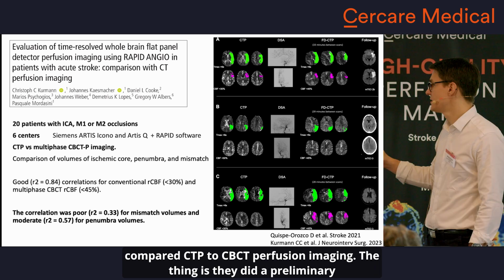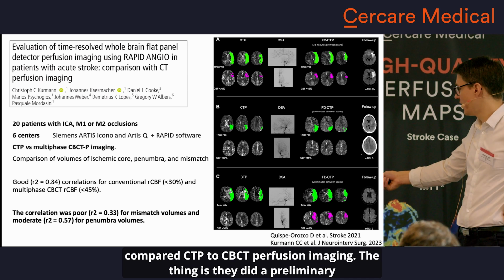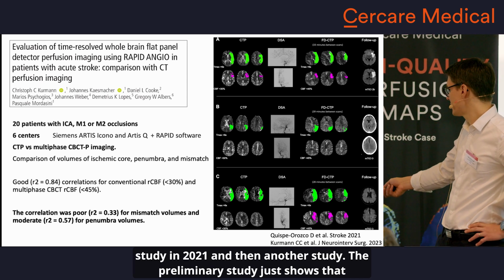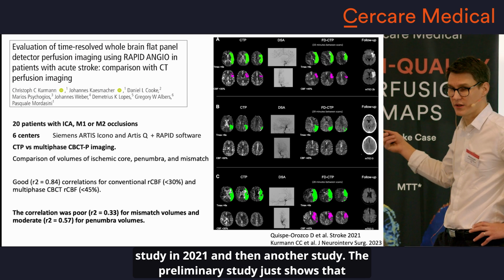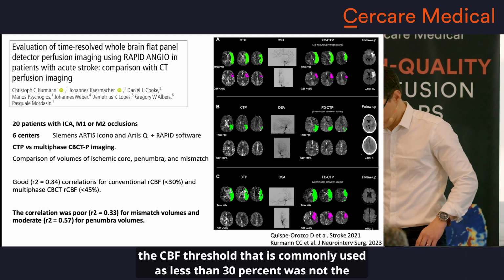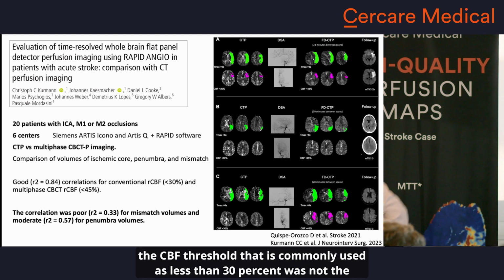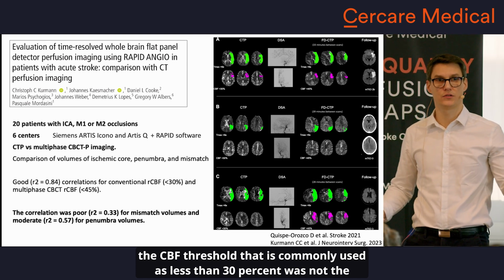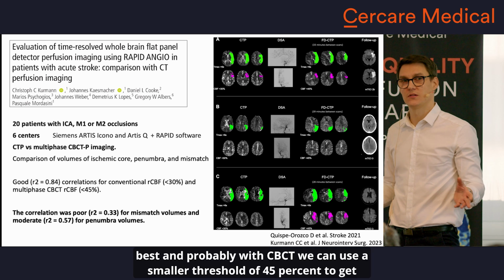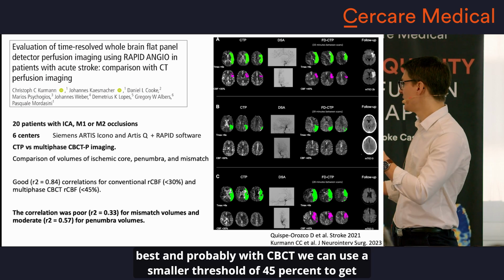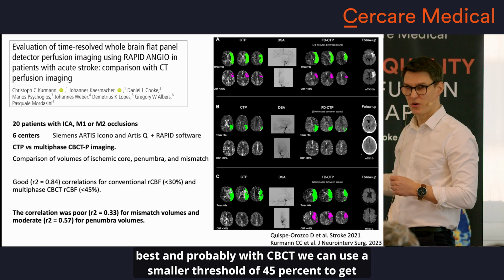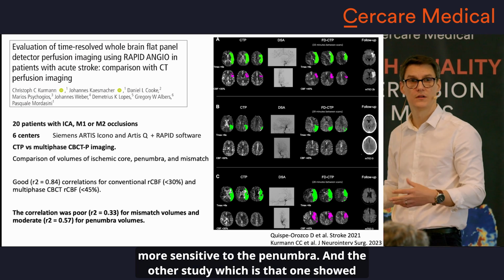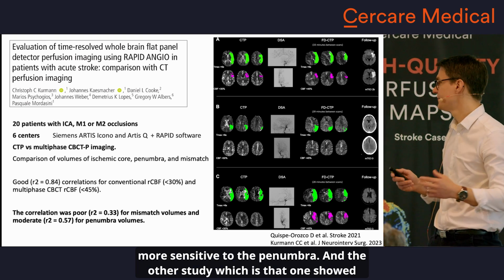They did a preliminary study in 2021, and then another study. The preliminary study showed that the CBF threshold commonly used, less than 30%, was not the best, and probably with CBCT we can use a smaller threshold of 45% to be more sensitive to the penumbra.